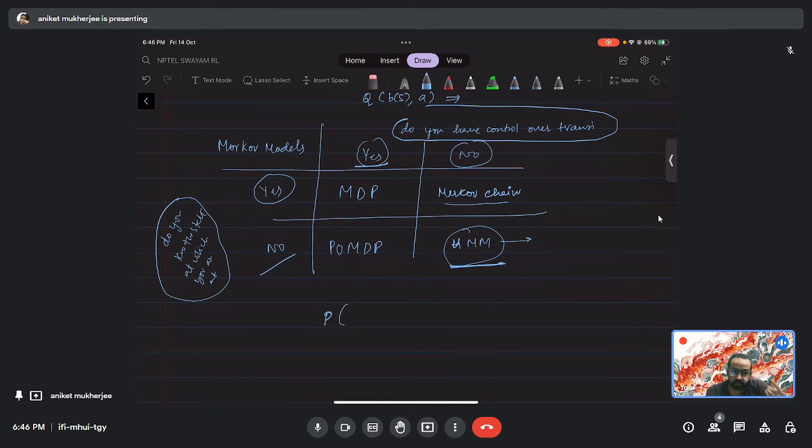Second order means you need two of the history, third order means you need three. But whenever we say Markov model, we mean first order Markov models. SMDP does not come under second order Markov. It is that the transition takes a random amount of time. So there's a difference between nth order Markov model and SMDP.